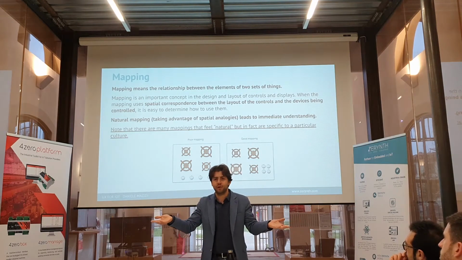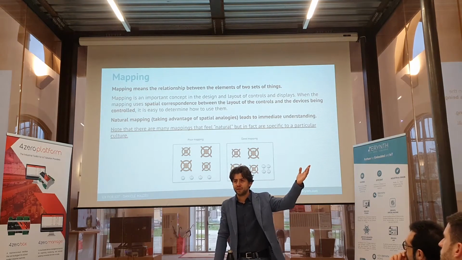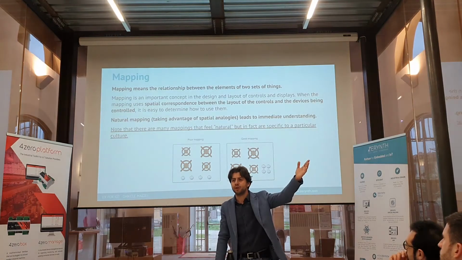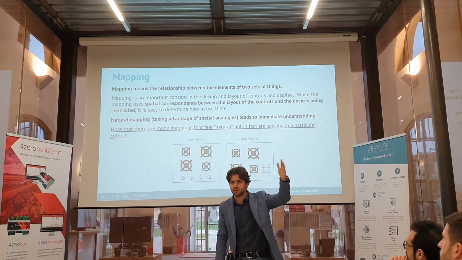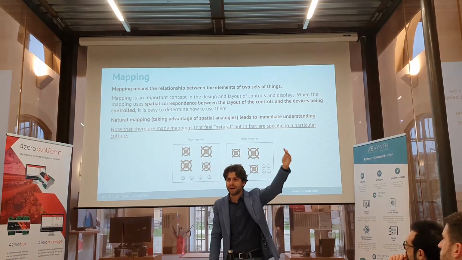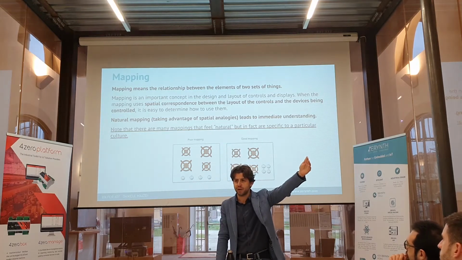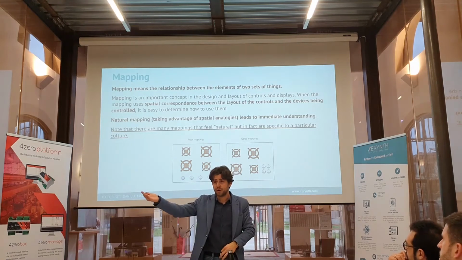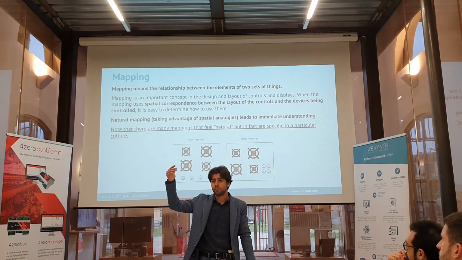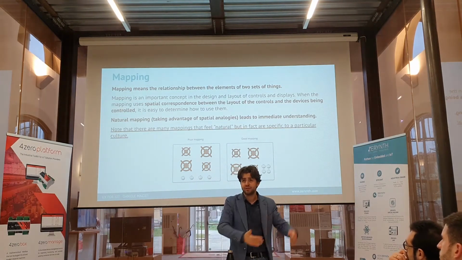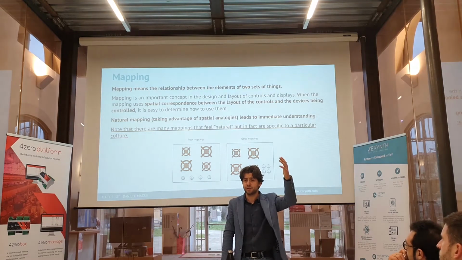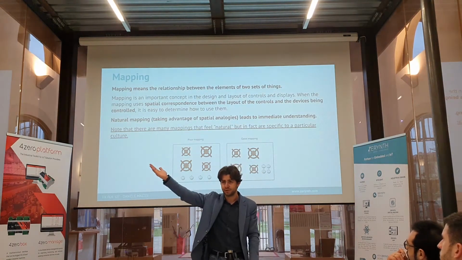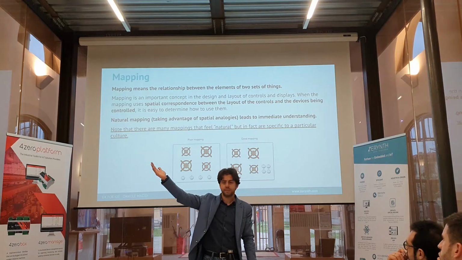For example, top left is the starting point of reading, so the menu button is typically placed on the top left. In all those cultures where they write from right to left, this is not true anymore. The starting point is not top left, but top right. This is just an example.